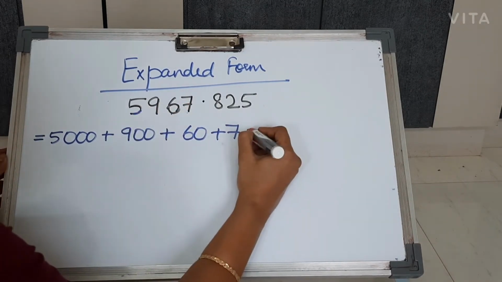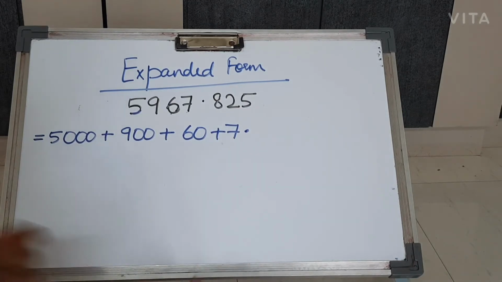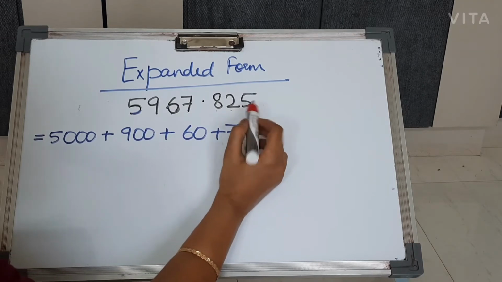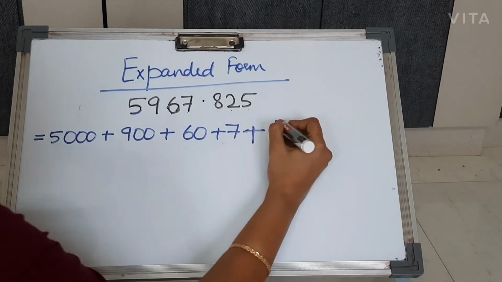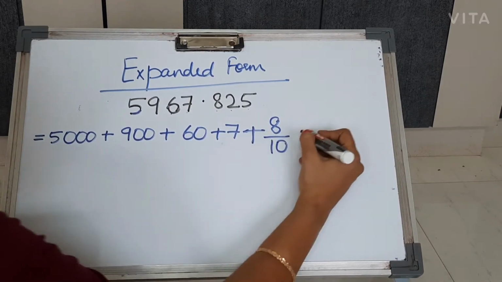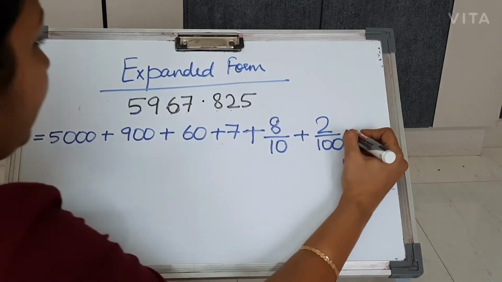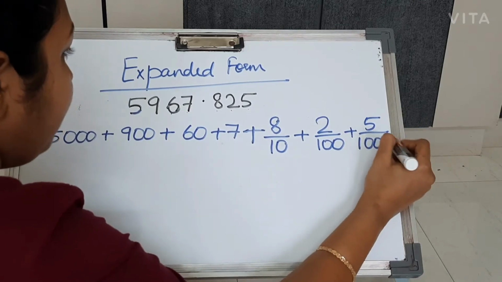Now after the decimal, the scenario changes: here it is 0.825. The place values are 10th, 100th and 1000th. So we are going to write 8 by 10, which denotes the 10th place, 2 by 100, which denotes the 100th place, and this is the 1000th place.